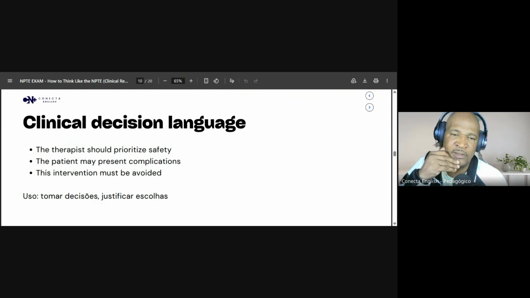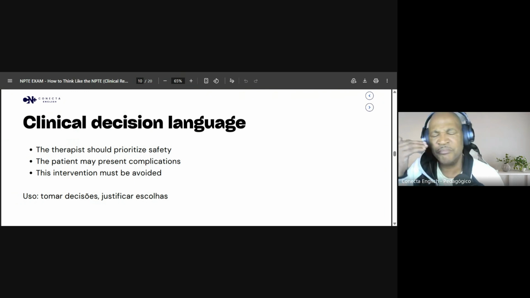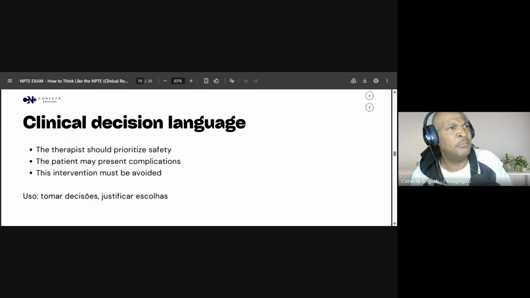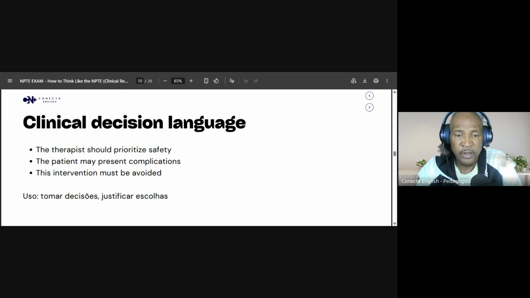Clinical decision language. There are some phrases that we use that are so organic that they sound natural. And these are a few of them. The therapist should prioritize safety.